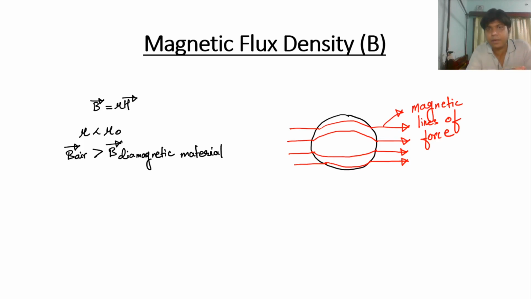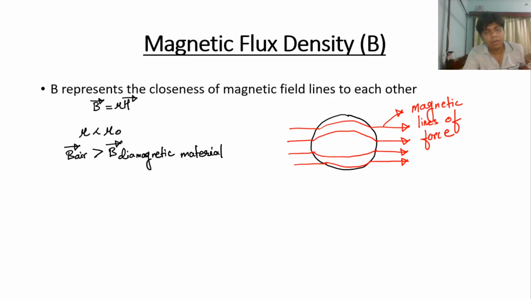Now next is magnetic flux density. Let us try to understand this term. The magnetic flux density is represented by capital B. The simple definition of magnetic flux density is the magnetic lines of force per unit area. Here B represents the closeness of magnetic field lines to each other.